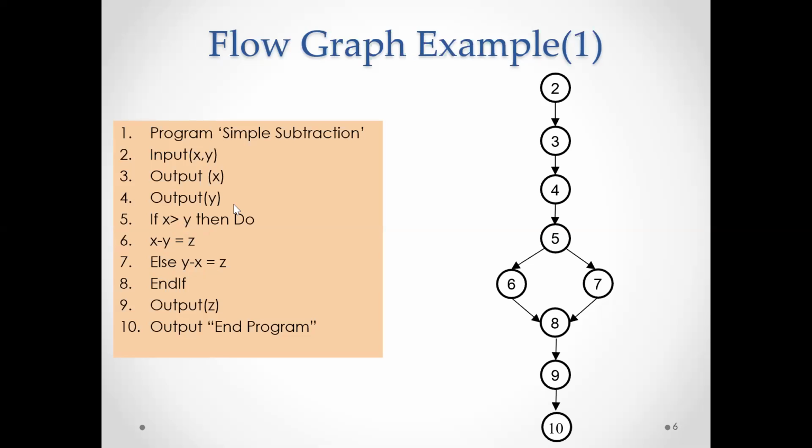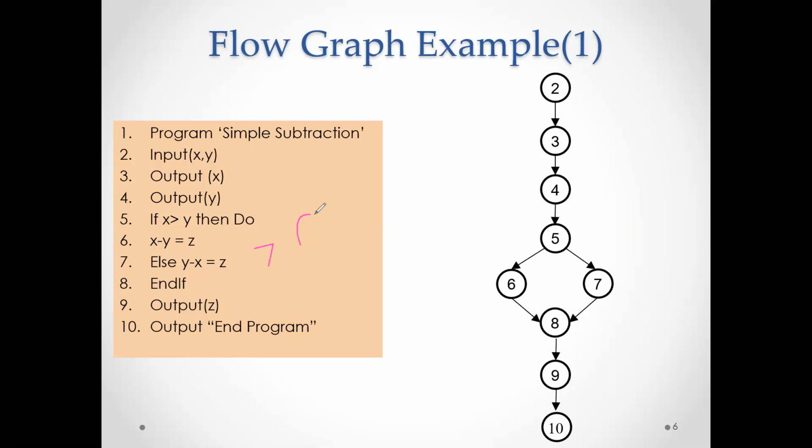So my particular question here is, what about x equal to y? Which statement will be executed? Is it the sixth statement that will be executed, or seventh statement, or nothing will happen?